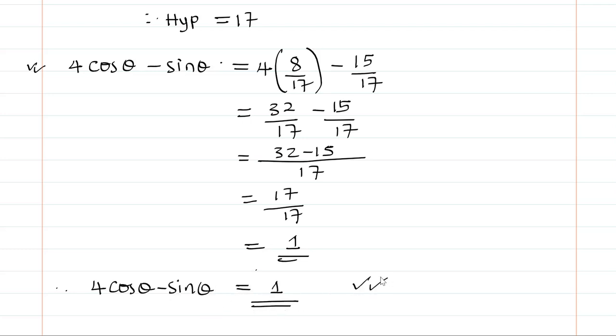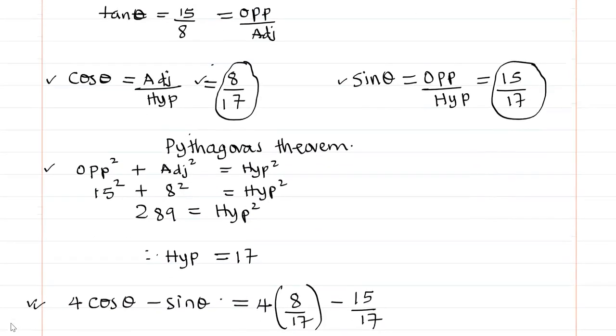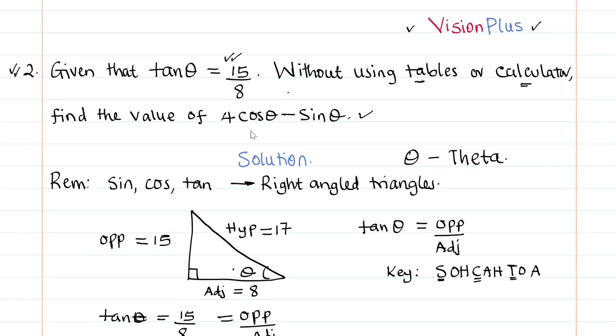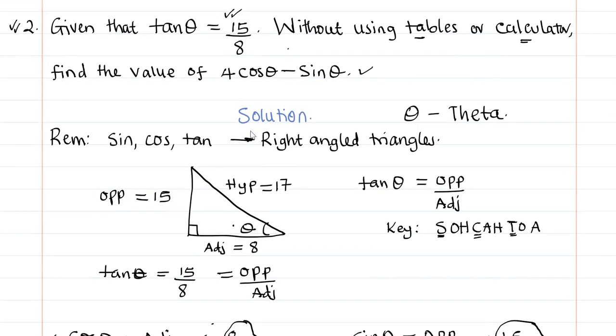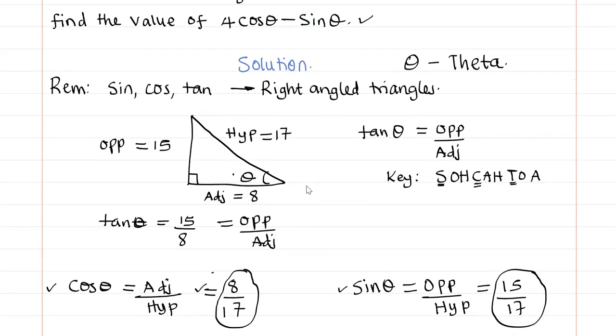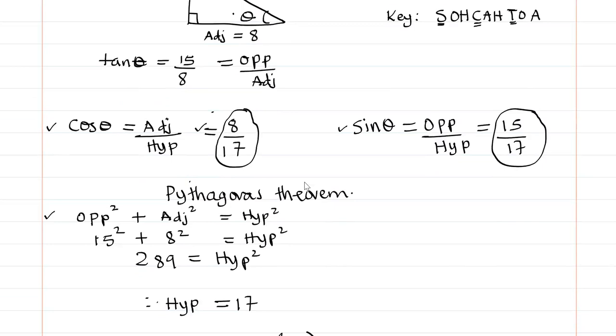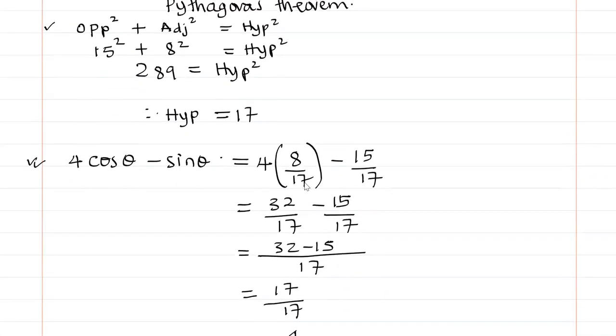And this is the answer to this problem, number 2 of the paper we are doing, that is the Giant Examination Board mock of 2024. So it has taken time and been a little hectic, but I've tried to show every part of the solution that is important, and that's why we have taken time.